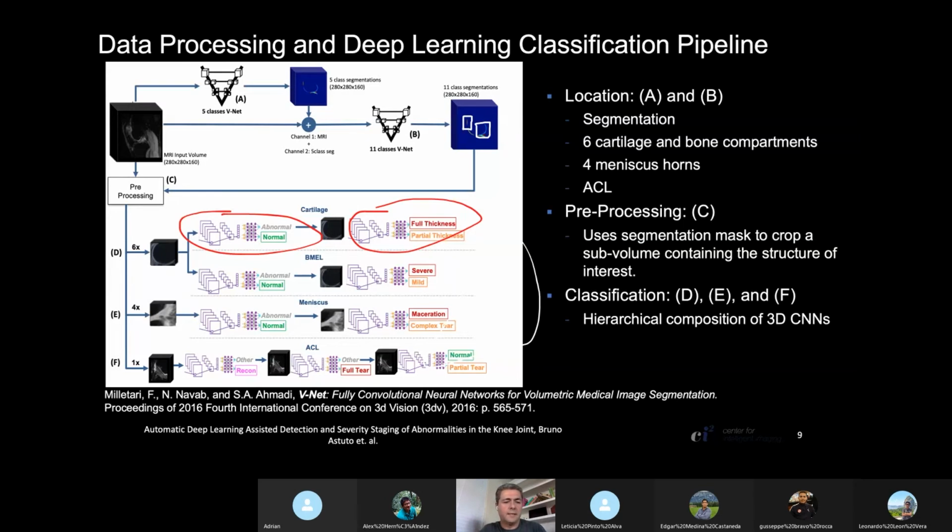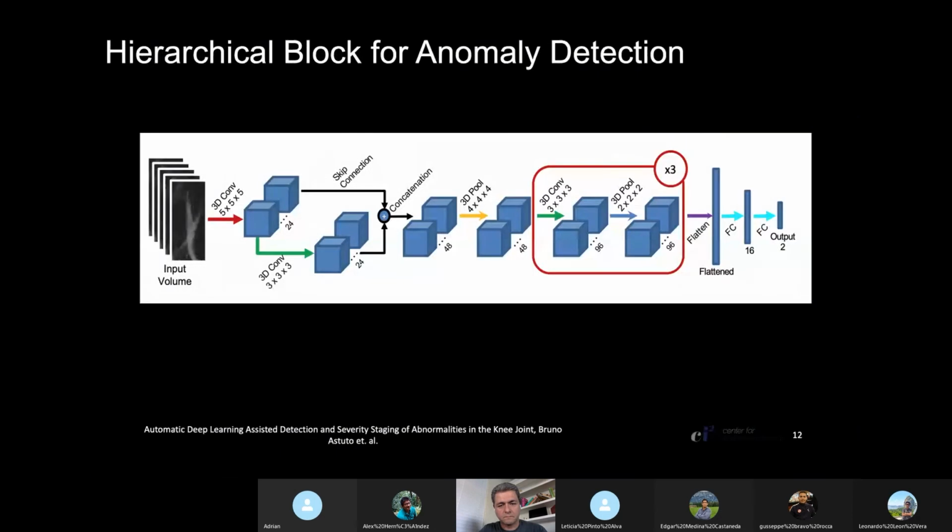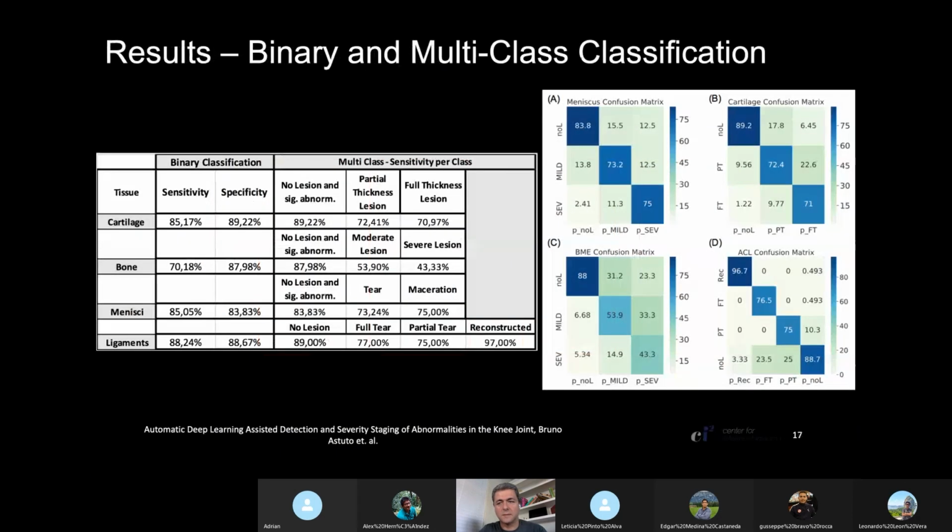And for the ACL, the first question is whether it's a reconstruction or not. If it's not a reconstruction, is it a severe lesion or not, and then whether it's normal or a partial lesion. The ACL was done a little bit differently. And this is the results that we got.